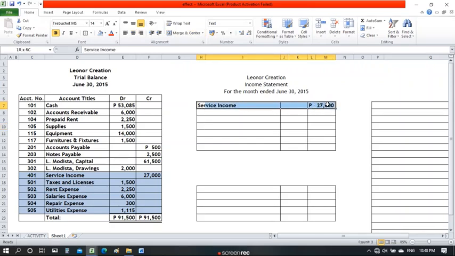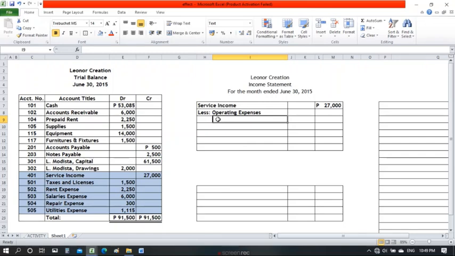After writing the income account, next is to less all the operating expenses. You will write "less operating expenses," and then saka nyo pa lang isulat sa ilalim ng operating expenses lahat ng expenses na nandito sa inyong trial balance. Let's start with taxes and licenses. Kailangan po ba ay sunod-sunod? Yes po, because you are following the given account numbers.